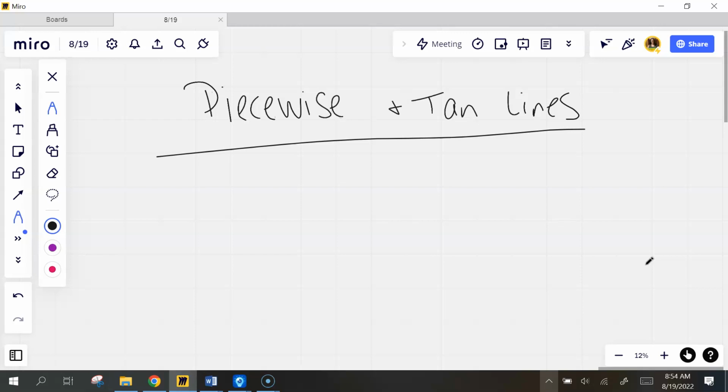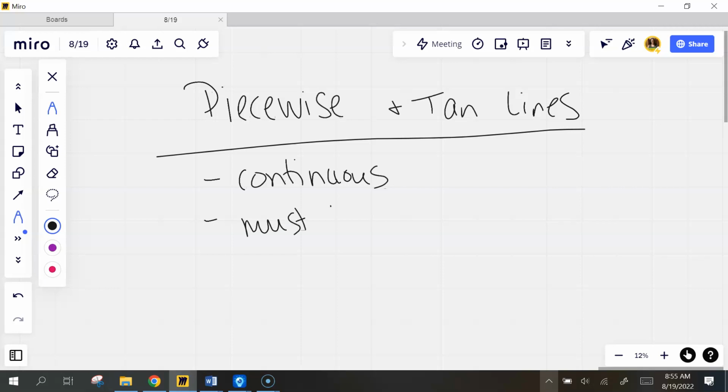But in order for it to have the possibility to have a tan line, then it must be continuous at that point. Remember, that's where my left-hand limit and my right-hand limit are the same, and also the same as the function at that point, right?